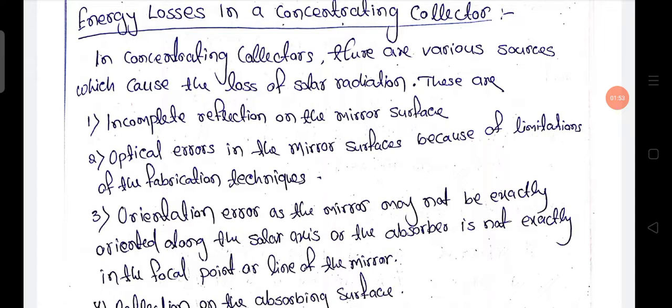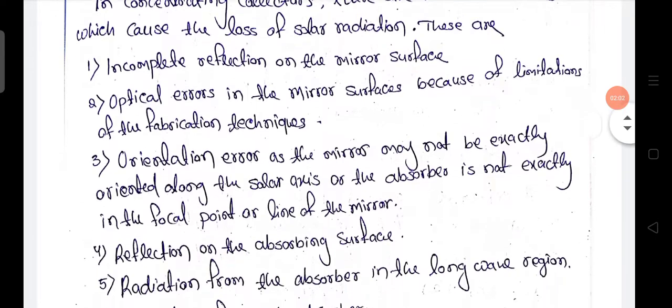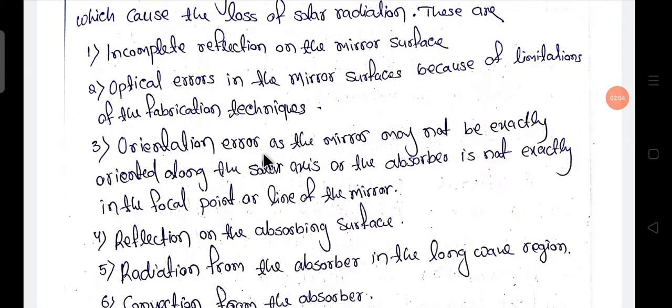Optical means the focal length or the reflective index. And the third one is orientation error, as the mirror may not be exactly oriented along the solar axis, or the absorber is not exactly at the focal point or the line of the mirror.